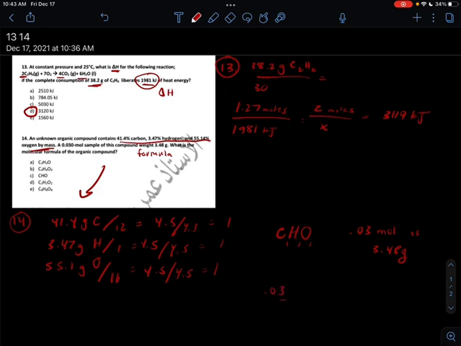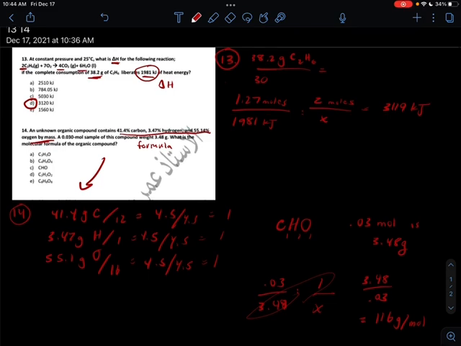So 0.03 is 3.48, and therefore 1 mole would be a certain mass. You'd have 3.48 divided by 0.03, which gives you 116 grams per mole. Now we need to figure out which of these formulas gives us a mass of 116 grams per mole.